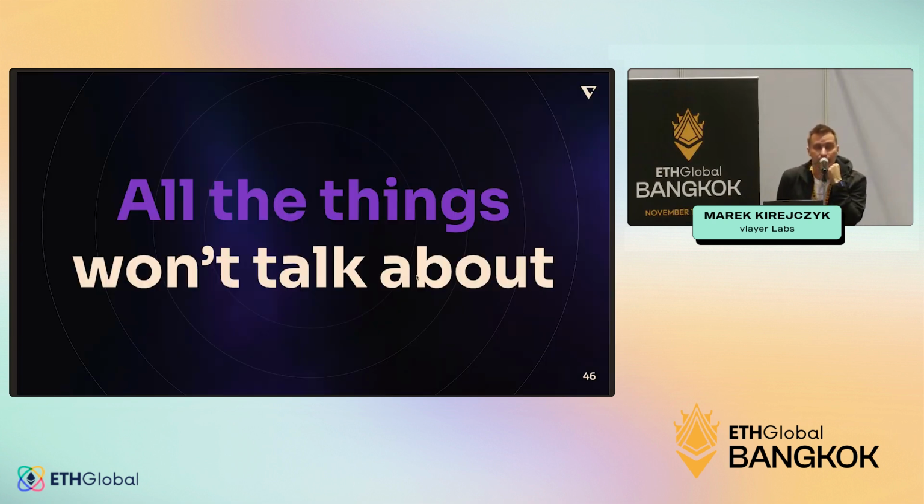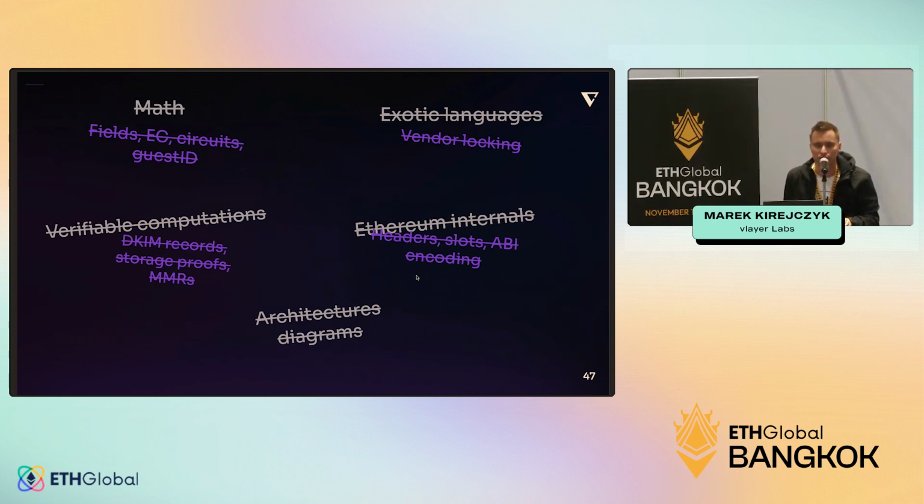Yeah, and verified data is not our original idea. You might have seen some verified data like ZK TLS, ZK email, or coprocessors. So I want to mention all the things I'm not going to be talking about today. These are all the things you don't need to know and care about when you're using vLayer. You don't need to know cryptography.